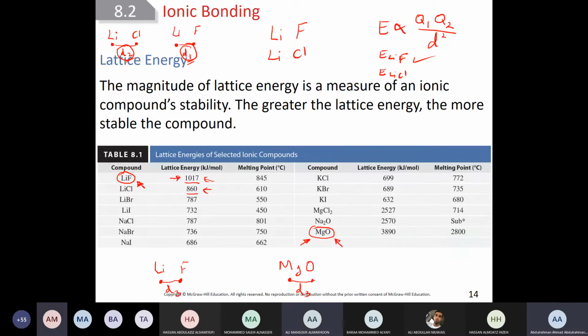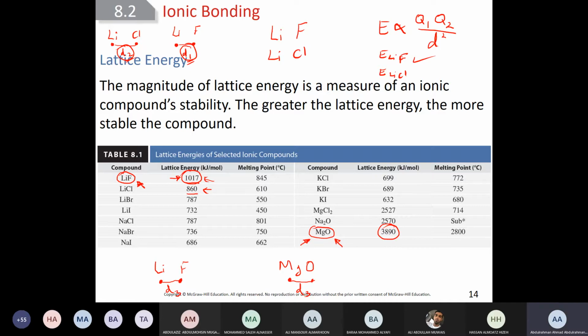Because of the difference in charge. Compare this number to this number. What's the ratio between them? Almost 4 times. Very good.